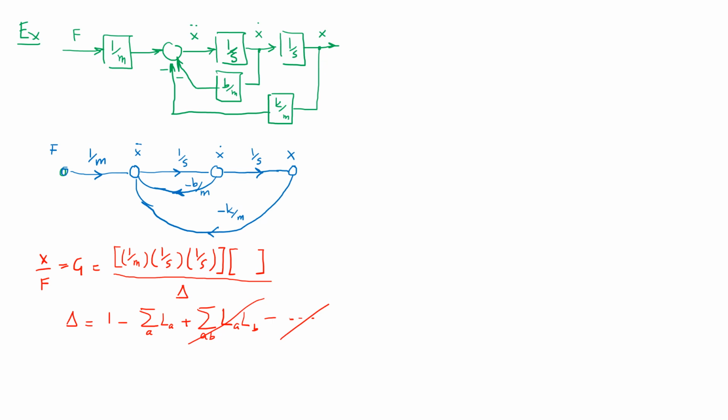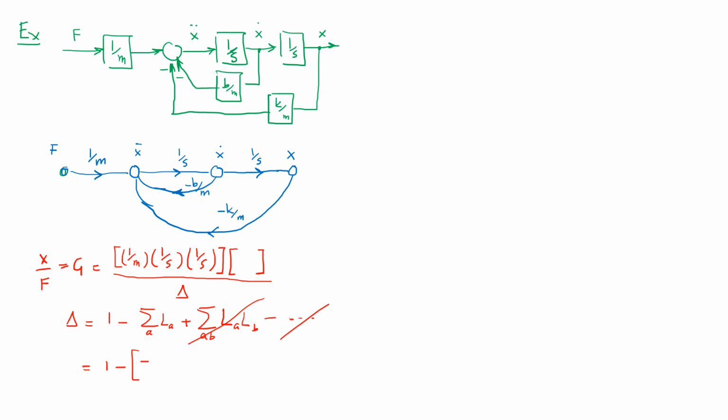So I can write that one down like this: this is going to be 1 minus the sum of the individual loops. The loop number 1 has this arrangement. So this is 1 over s multiplied with minus b over m. I'm going to write that one down.